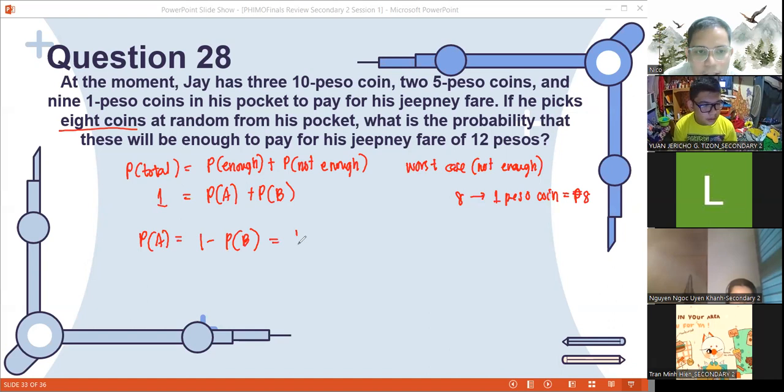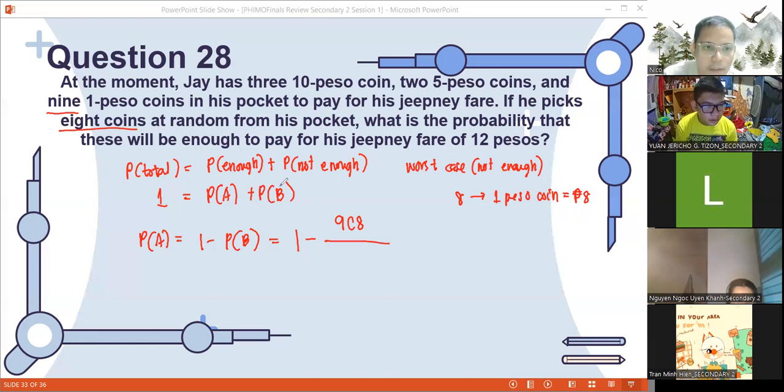What is the probability that it is not enough? Out of 9 1 peso coins, you choose 8 of it. So out of 9 1 peso coins, you took 8 of it. So 9C8.